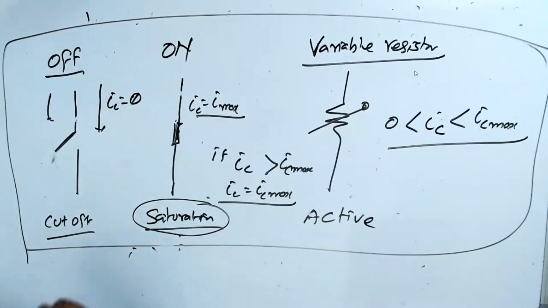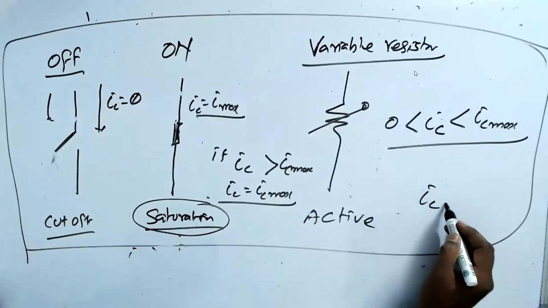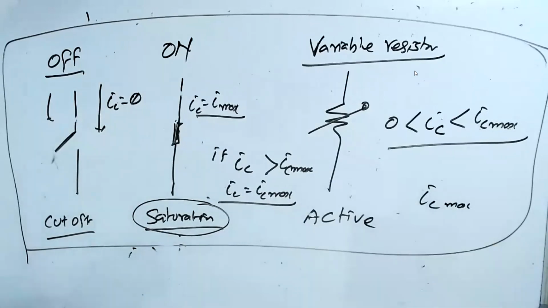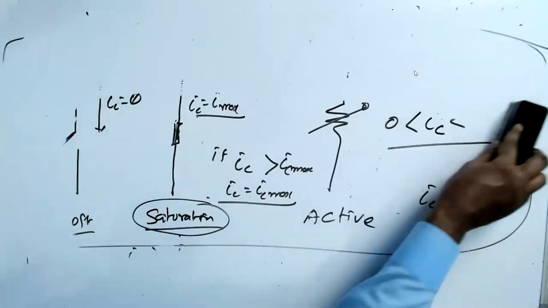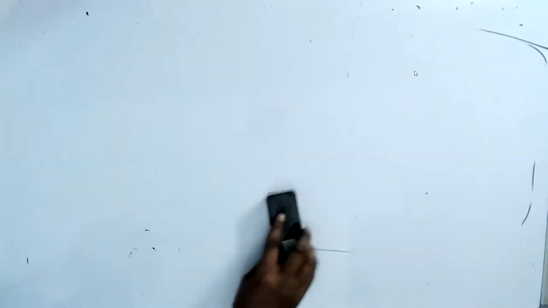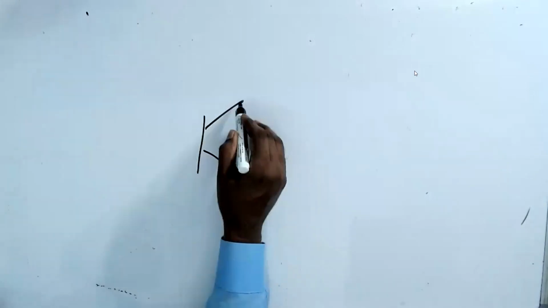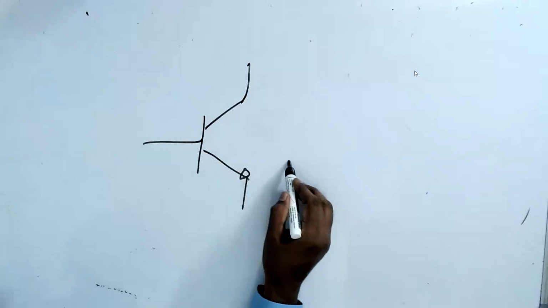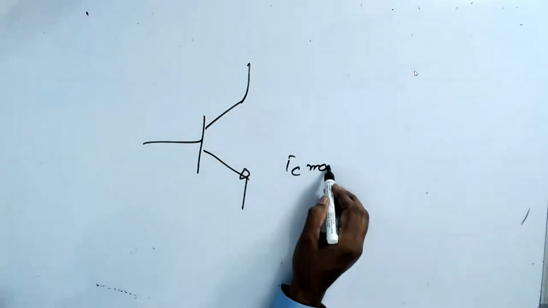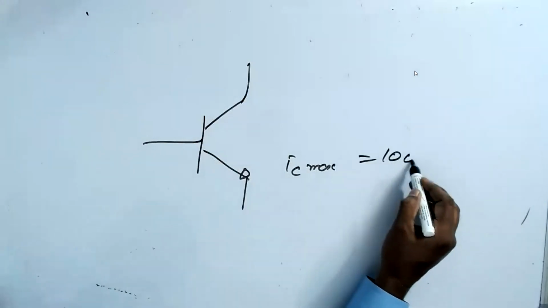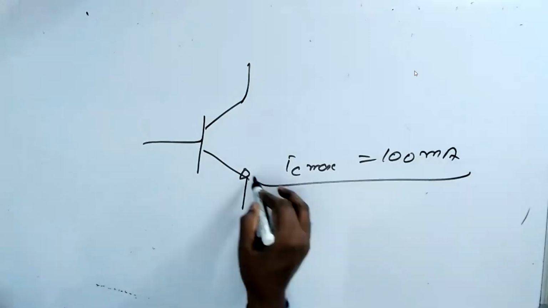Every transistor manufacturer will tell you the maximum current it can take. For example, let us assume I am a manufacturer of a transistor. I have told you that my transistor IC max is 100 milliampere. He will say only 100 milliampere.